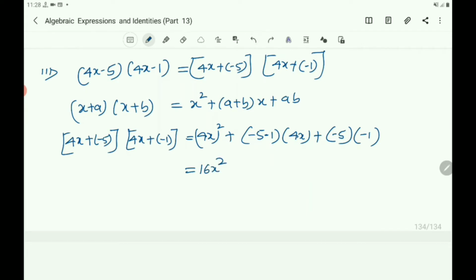Minus 6 fours are 24, so it is −24x, and the product of −5 and −1 is plus 5. Therefore, you write (4x − 5)(4x − 1) is 16x² − 24x + 5.